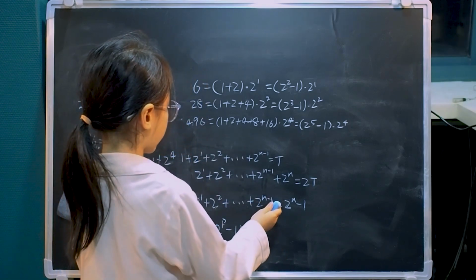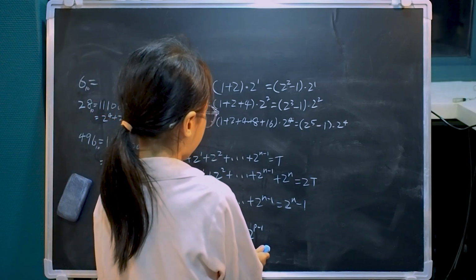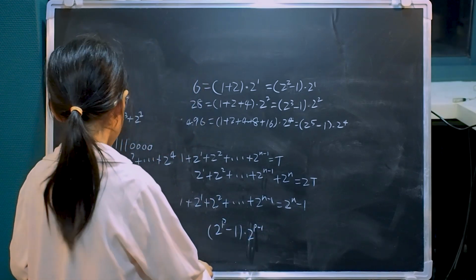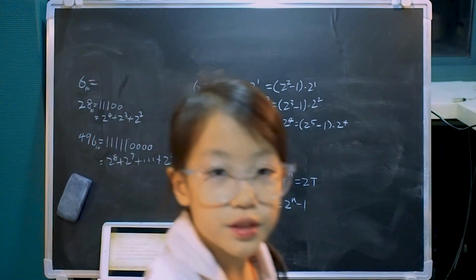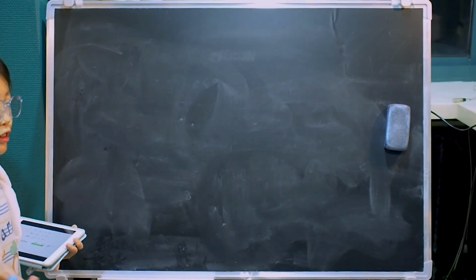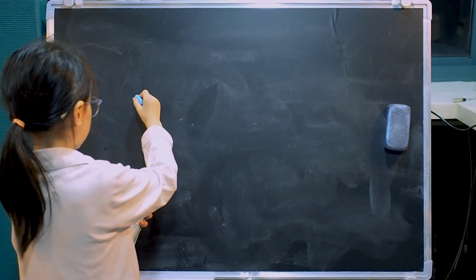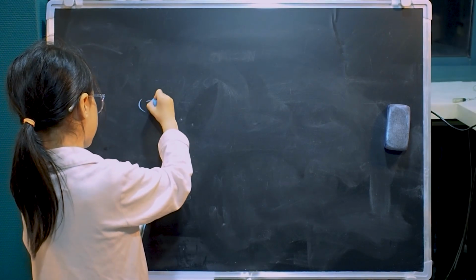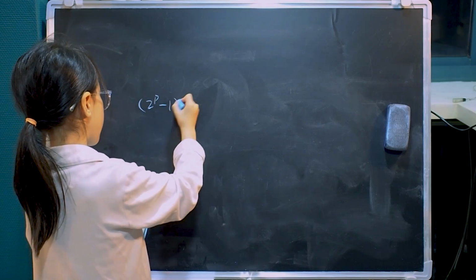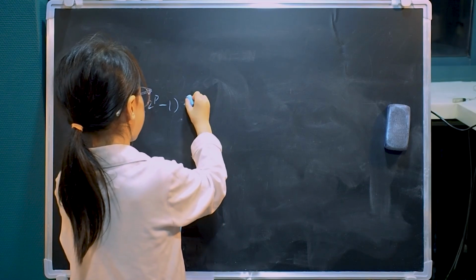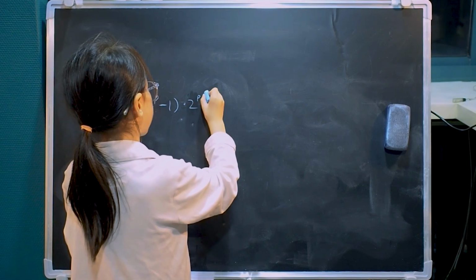So now you can find out the perfect number is equal to this one. Actually, in Euclid's way, the perfect number equals 2 to the p minus 1 times 2 to the p minus 1.